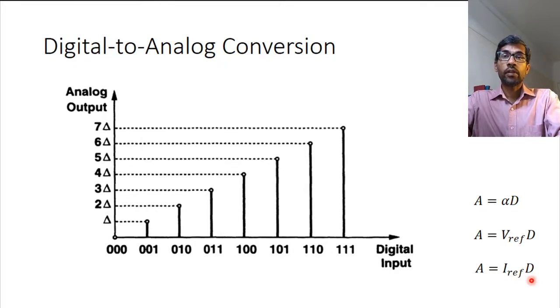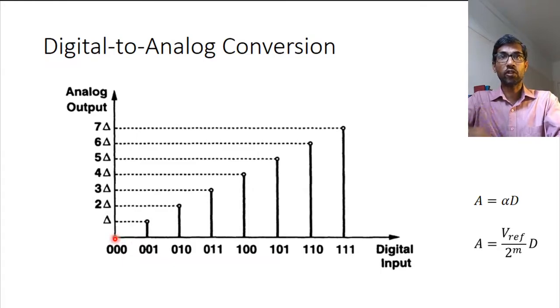Many times, instead of referring to this constant as the vref in a digital to analog converter, we refer to vref as the full range of the digital to analog converter.